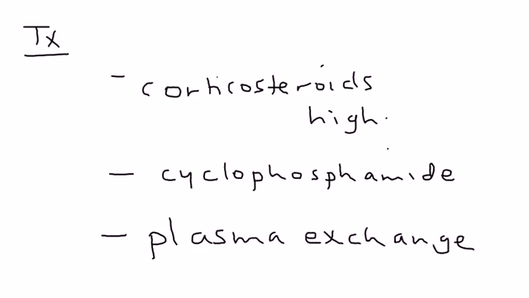What plasma exchange means is essentially you're replacing the patient's plasma with new plasma, and that is believed to be effective because it removes those antibodies from the person's bloodstream and replaces the blood that contains the antibodies with blood that doesn't contain the antibodies. And if you recall, those antibodies are attacking the glomerulus. So that's why this is highly effective.